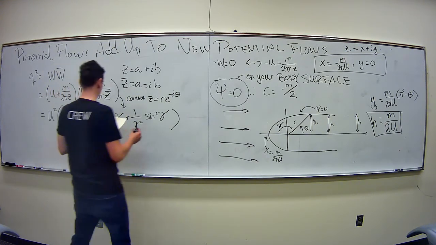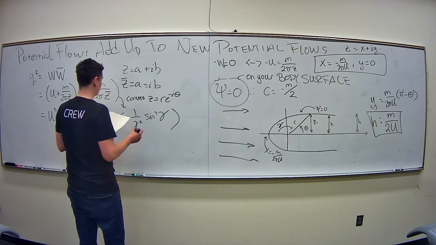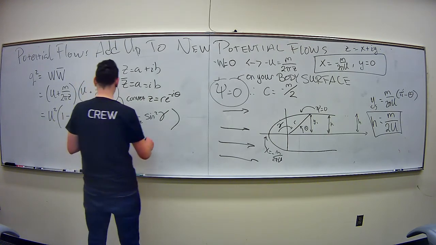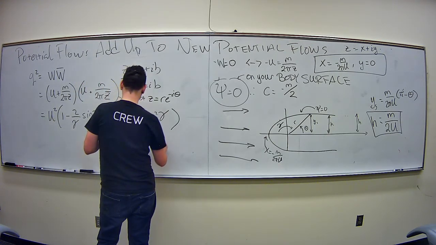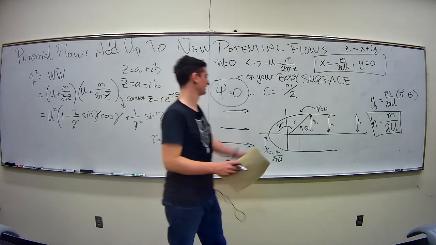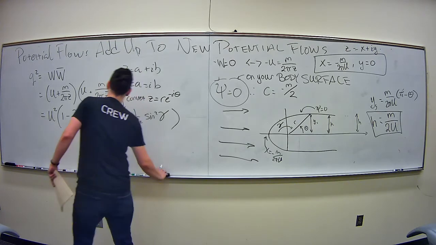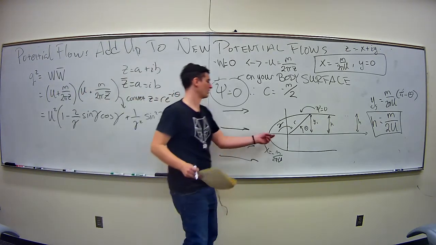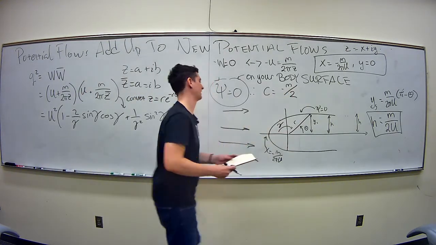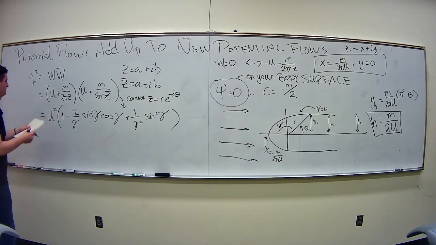Then gamma, realize this: gamma is equal to 2 pi over n. That's how you get this generalized speed, which is a function of gamma, which is a function of how far away you are from the leading edge of your body. I'm trying to spin through this. So that's just the generalized speed.